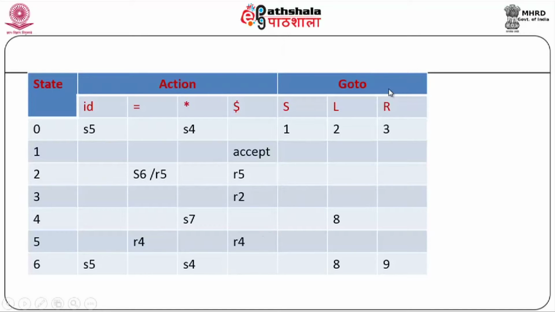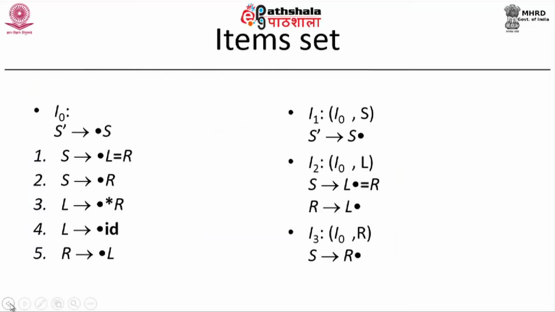If we come to the reduce action, item number I2 has this production, R produces L dot. So, I should look at the follow of R. Here if you look at this particular production, L produces star R, follow of R contains follow of L. So, that is why when L had equal to and dollar, we had to consider everything; the follow set of L and the follow set of R are exactly the same.